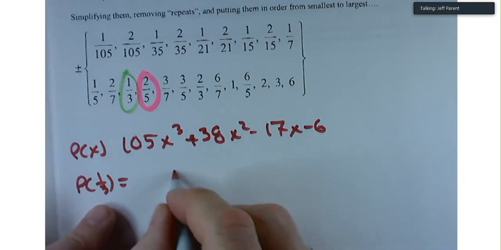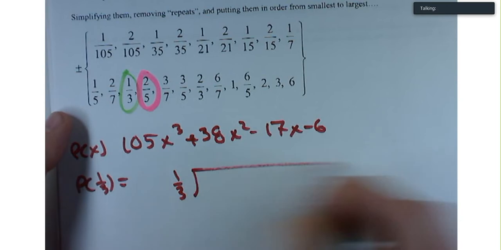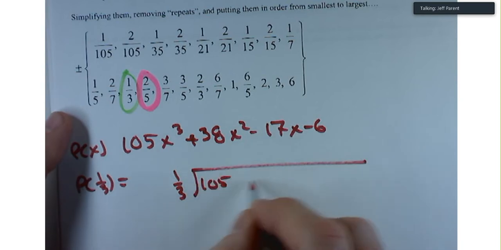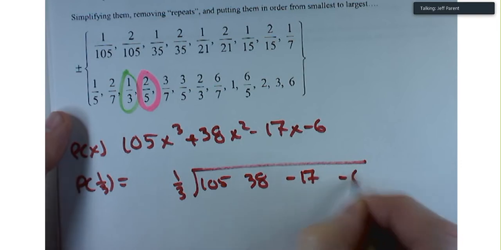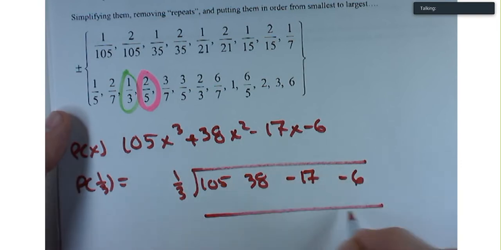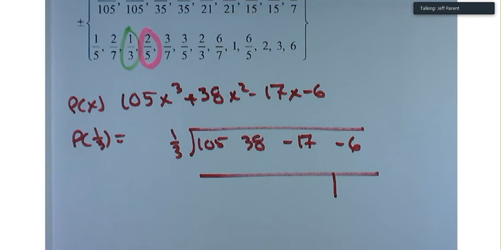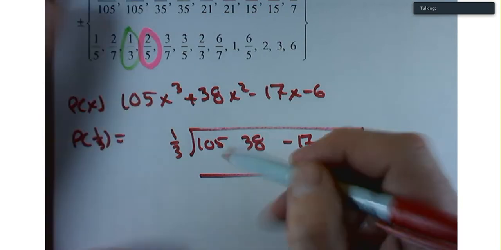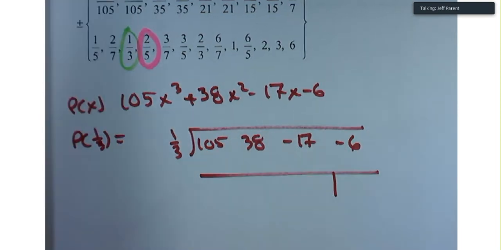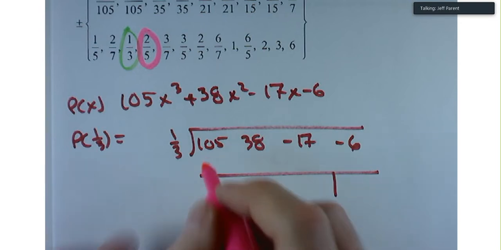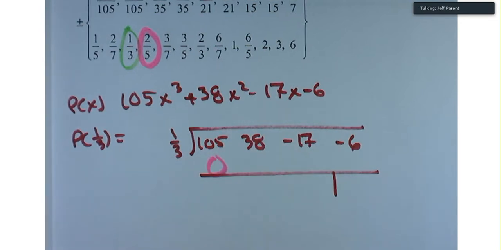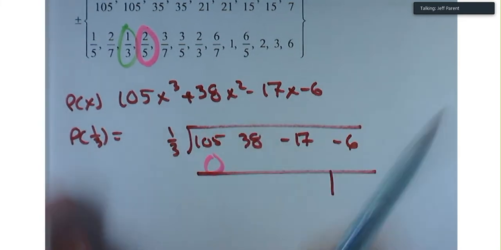So let's put the 1/3 out in front, and then 105, and then 38, and then negative 17, and negative 6. We'll put a little bar down there, add going down. And we'll start out our going down with what we always do, which is a big goose egg, right? So 105 and 0 gives me 105.